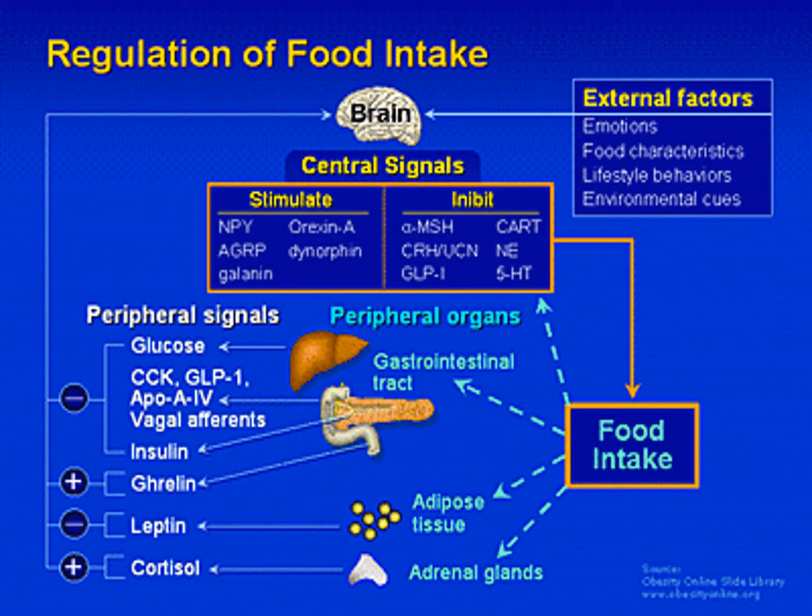So we see we also have a lot of hormones, glucose level, for example, signals from the gastrointestinal tract, signals from the adipose tissue, and also from the adrenal glands. All of them can change the activity of these centers.